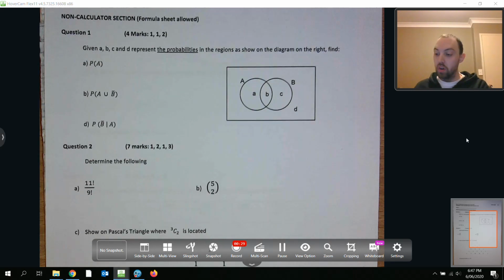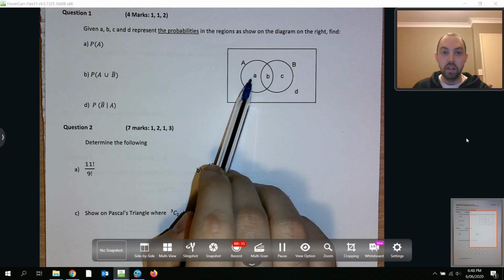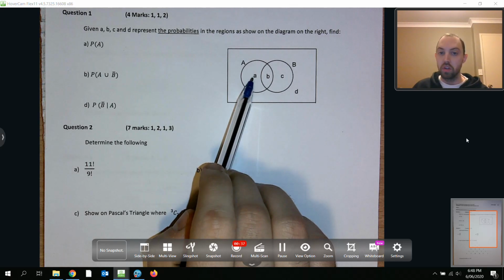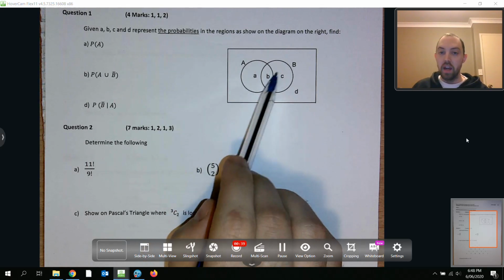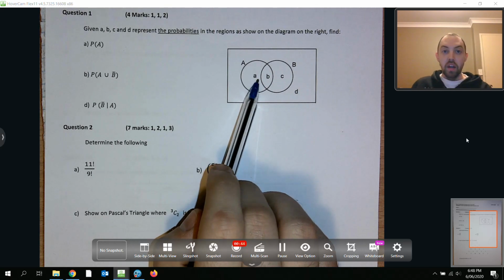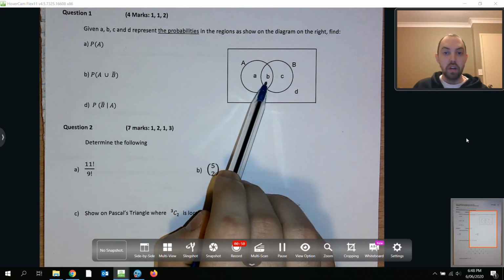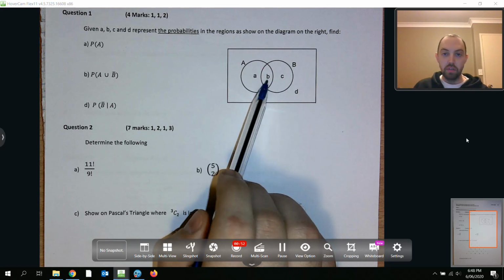Okay, so question 1. Given A, B, C, and D represent the probabilities in the region shown, so the probability of A and it's not B, so it's outside of B, is A, probability of A and B occurring is B, so on and so forth.